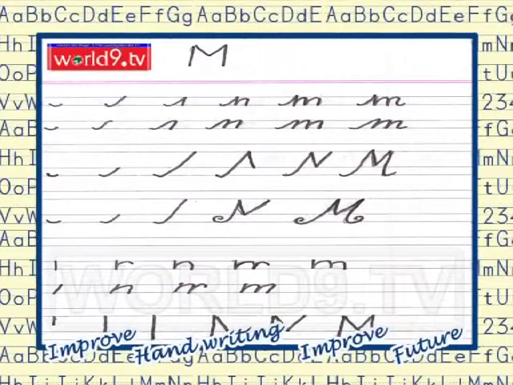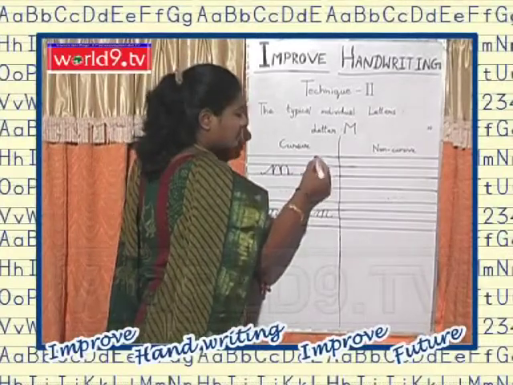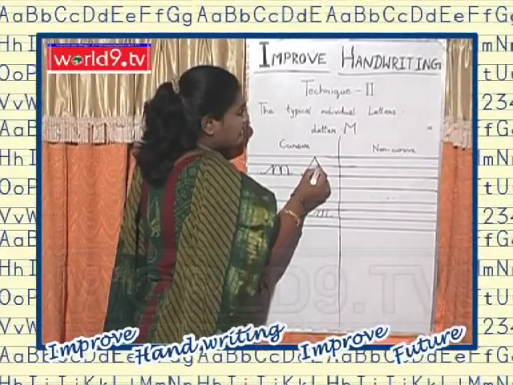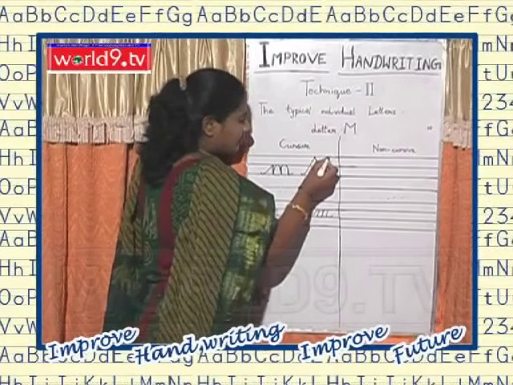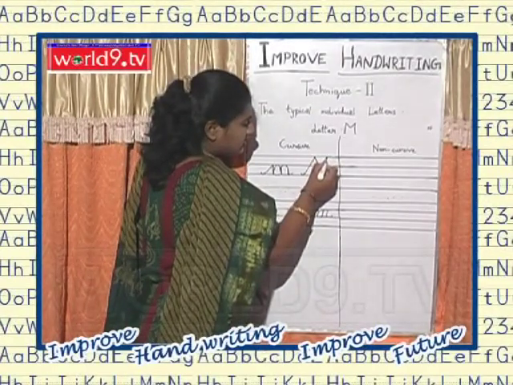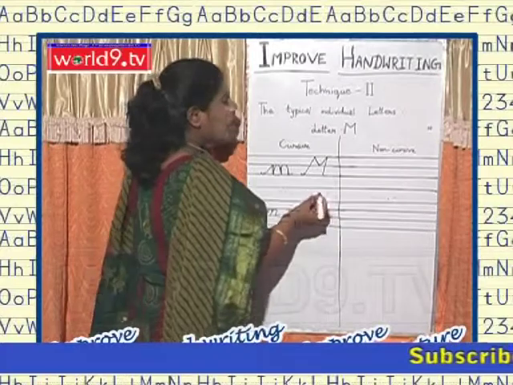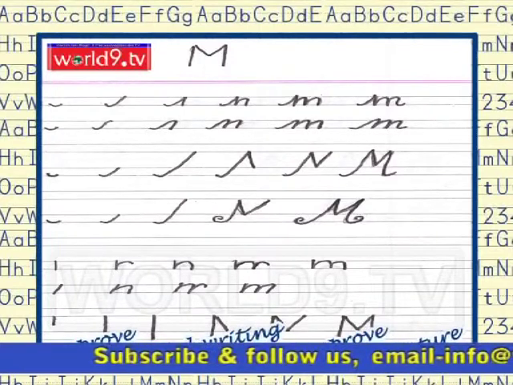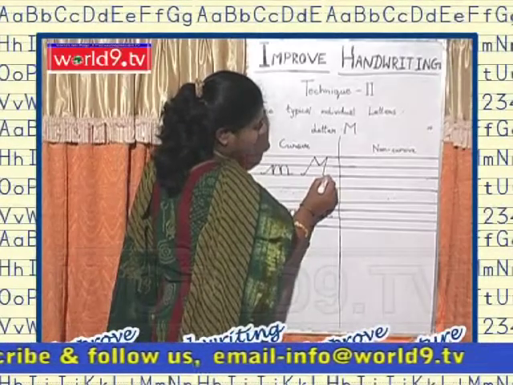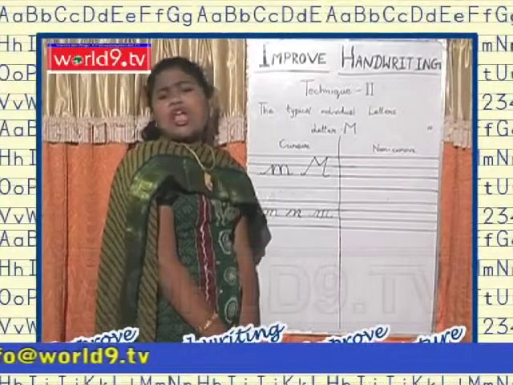From there a small cross slant line, and from there you should draw a forward slant structure from upwards to downwards, and from where you ended the cross slant, you should draw a V-shaped structure, and from where you ended the V-shaped structure, you should draw a forward slant straight line from upwards to the baseline, and give a small tail. And this is cursive letter capital M.